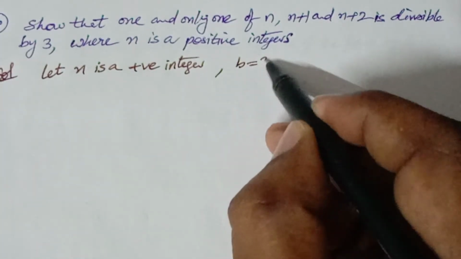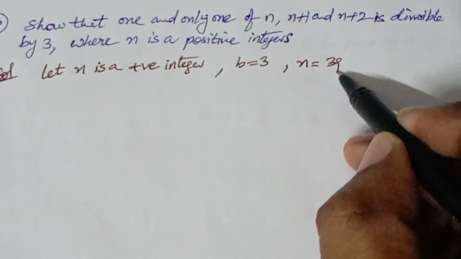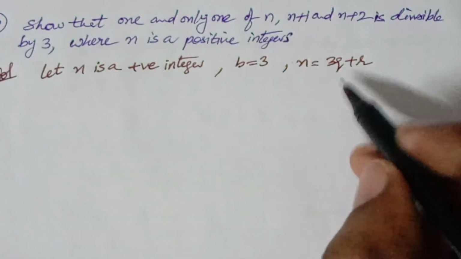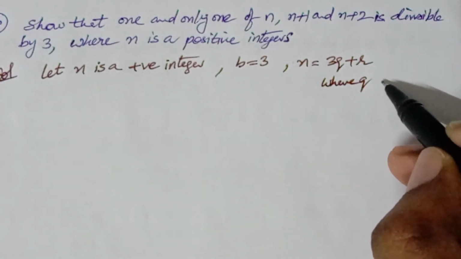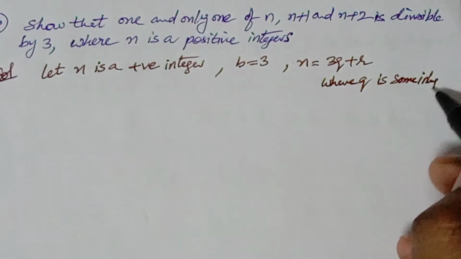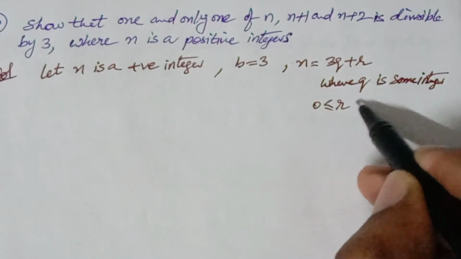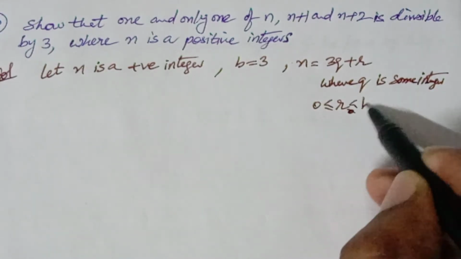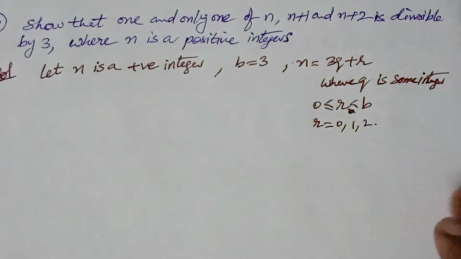Here b value is 3. n is equal to 3q plus r, where q is some integer. So here the value of r lies between 0 and b. So r value 0, 1, 2.